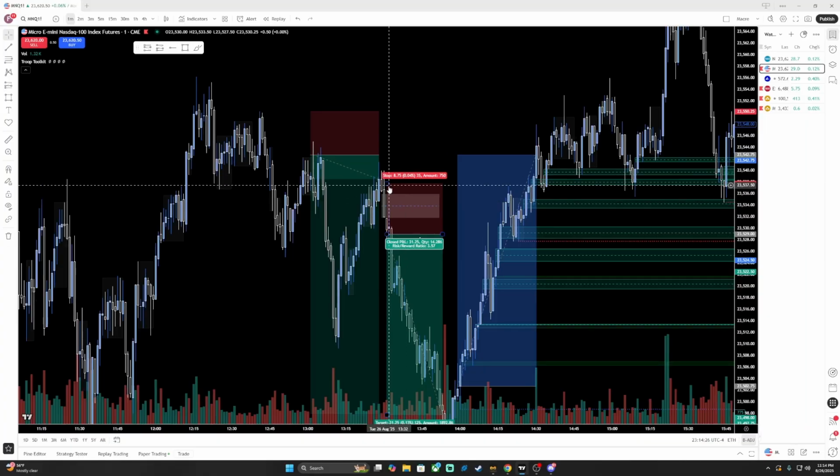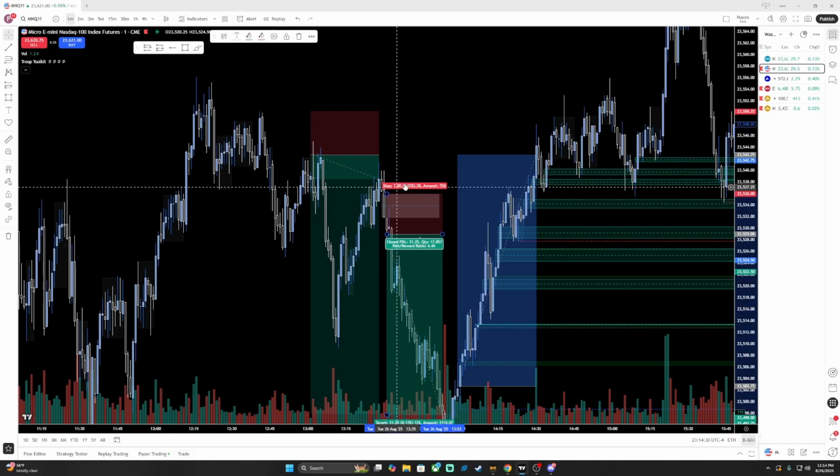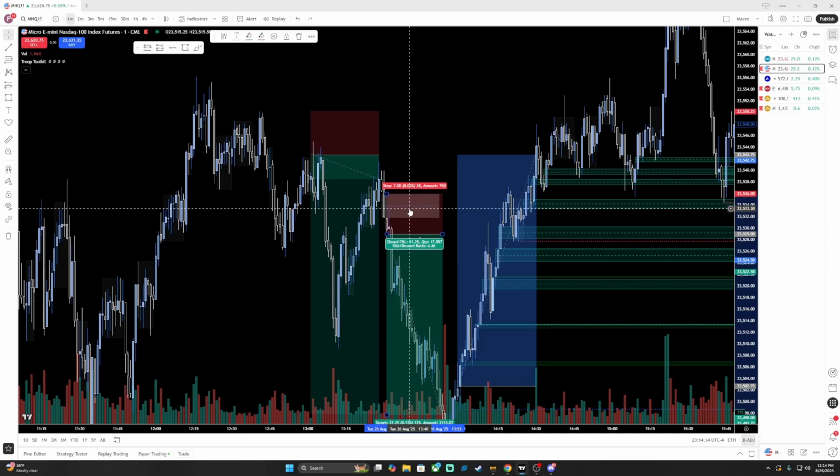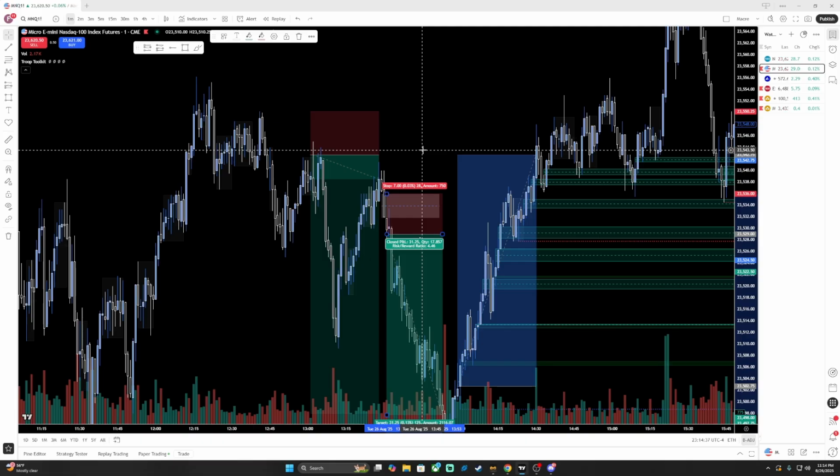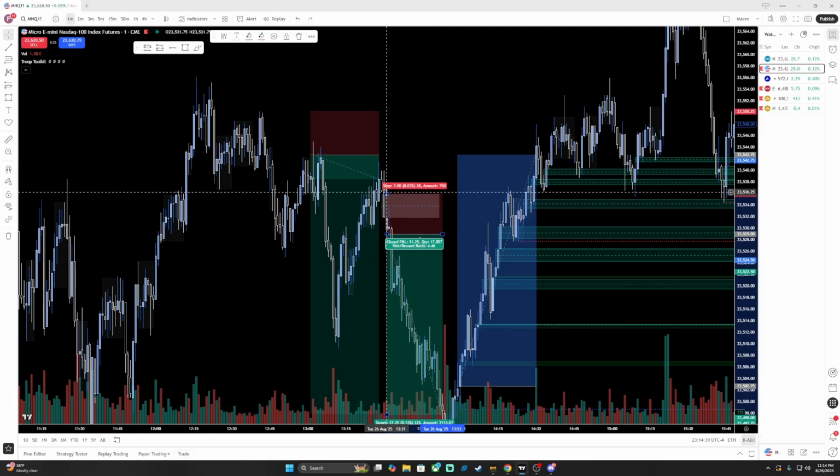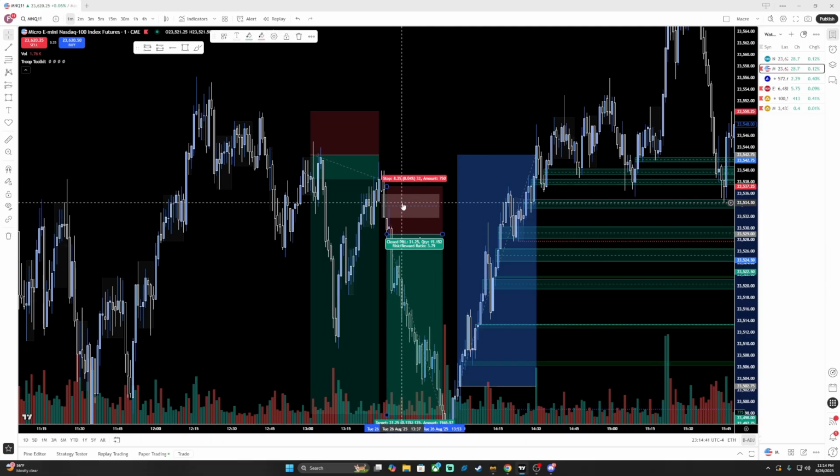And I also set my stop loss right above this first fair value gap, because if I see this first fair value gap get disrespected and traded through, then there's not really any point to keep the trade. So that's why I set my stop loss right here.